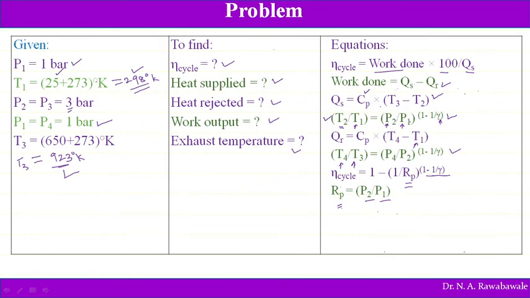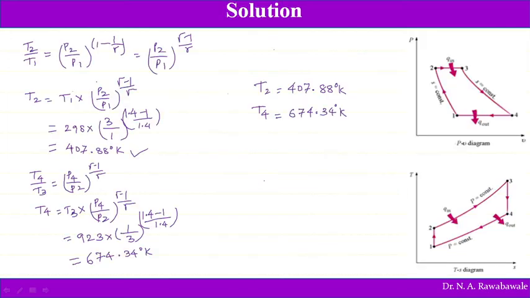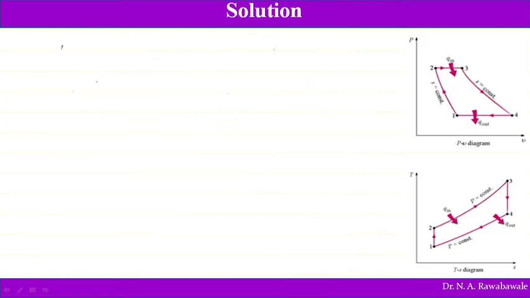The heat supplied is given as Qs is equal to Cp into T3 minus T2.